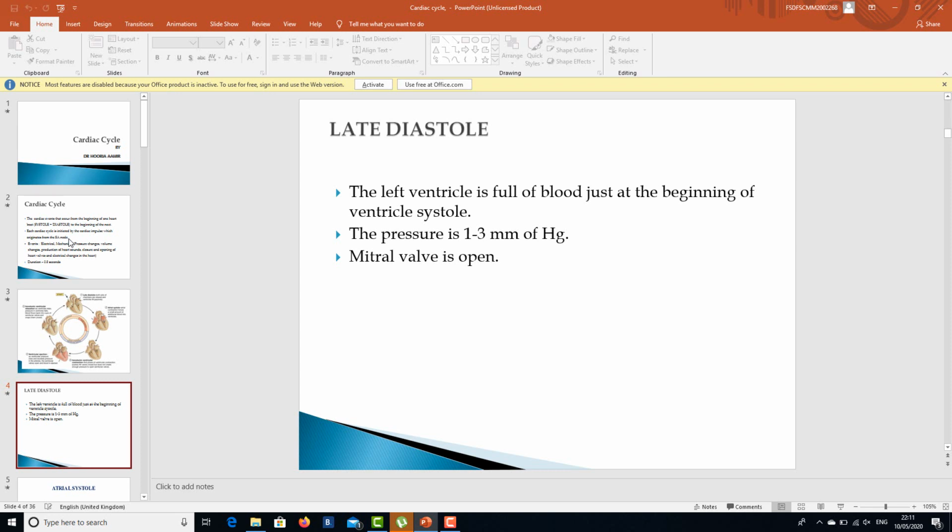What happens at this phase is that the left ventricle is full of blood, and it is just at the beginning of ventricular systole, and the pressure is 1 to 3 millimeters of mercury, and the mitral valve is open.